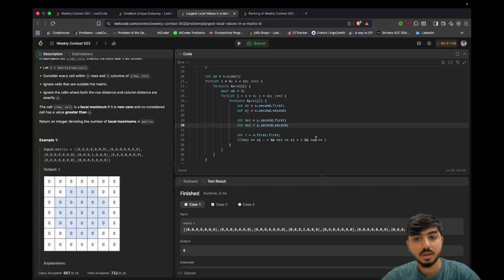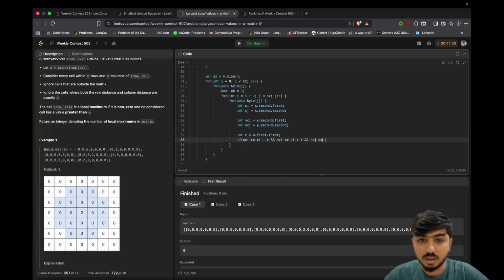New xj is greater than equal to xj minus r and new xj is less than equal to xj plus r.